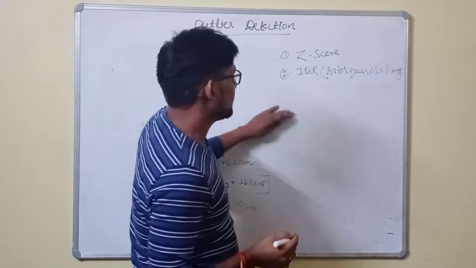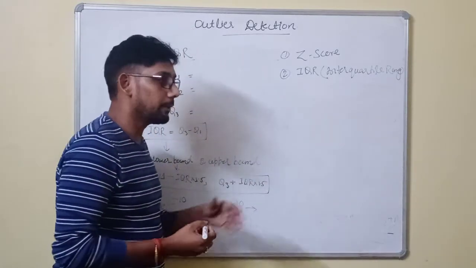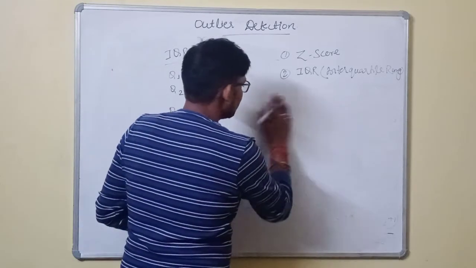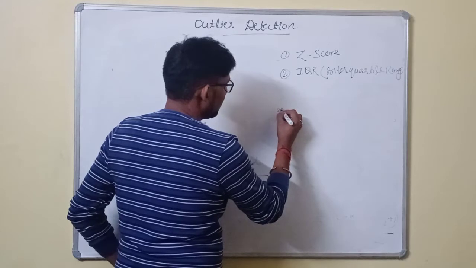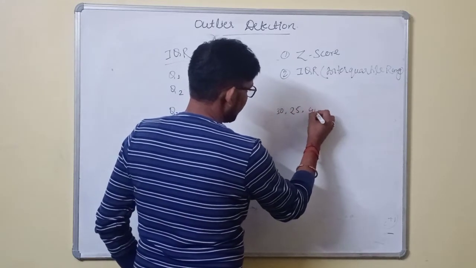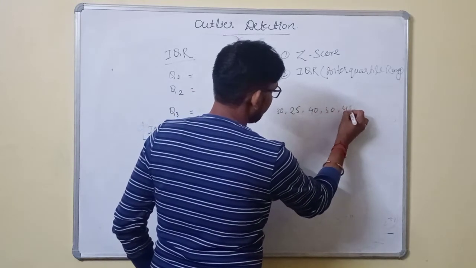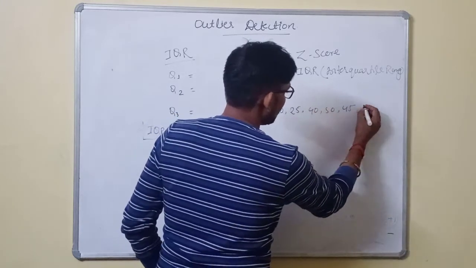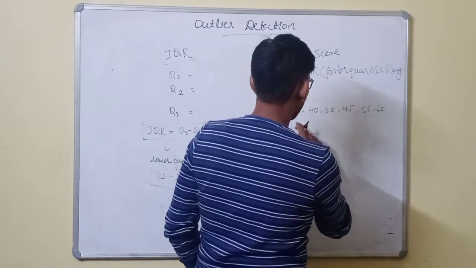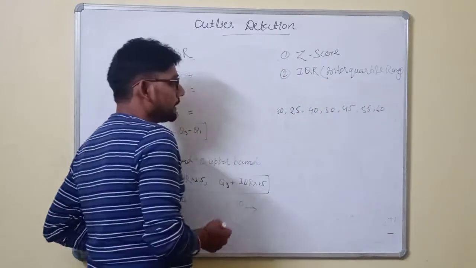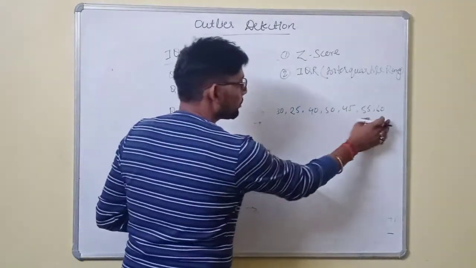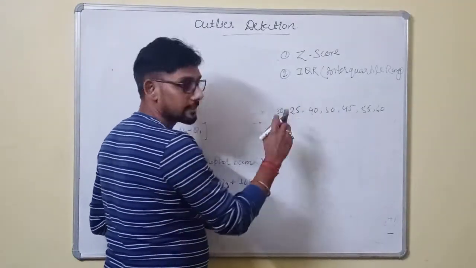Let's suppose in a stats paper there are a total of 10 students, and the students got marks like 30, 25, 40, 50, 45, 55, 60, right? To calculate the percentile, first we need to arrange the data in ascending order.